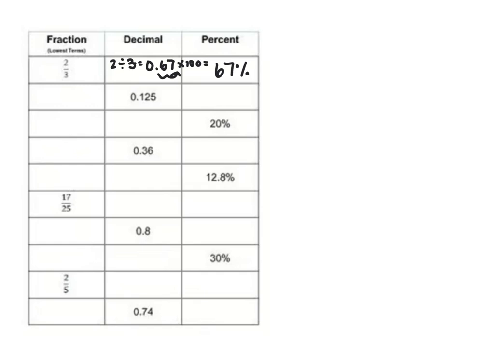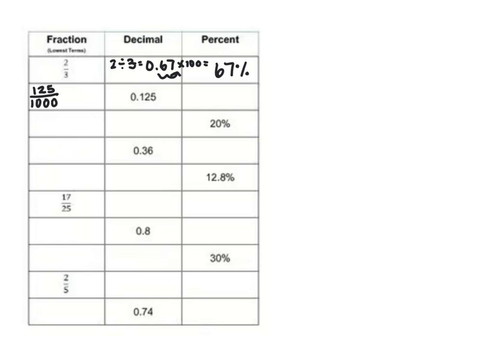Now, if we say that with proper place value language, it makes it easier to write it as a fraction. So 125 thousandths. So you can write it like that, 125 thousandths.